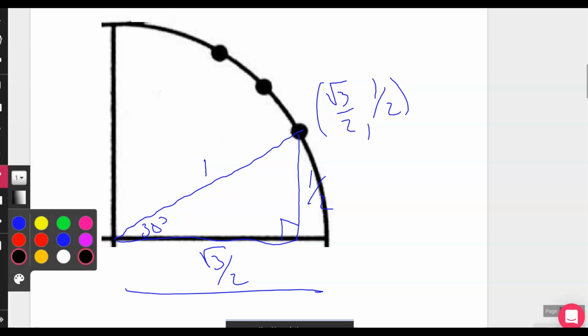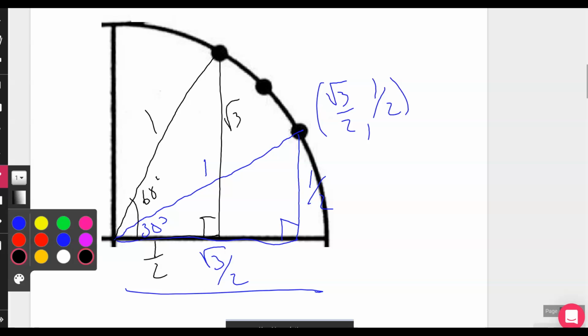So then next, I'm going to skip the 45, because the 45 doesn't help me decide things here. All right, so I'm going to make the triangle here, and this one is a 60-degree angle. Again, this is 1, but then this side would be 1/2, and this side root 3 over 2.